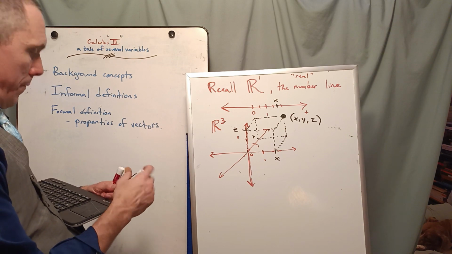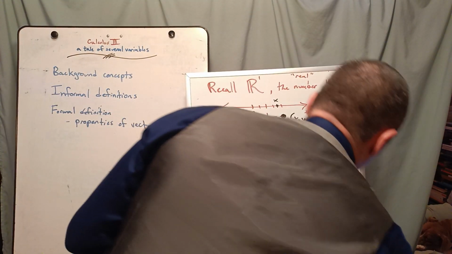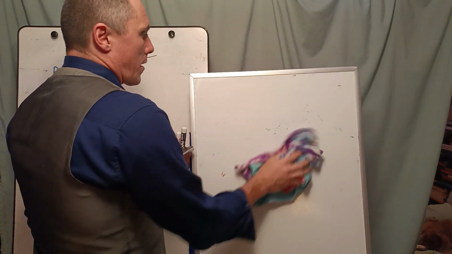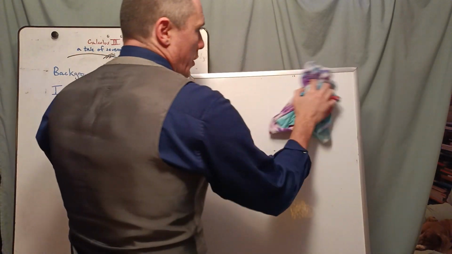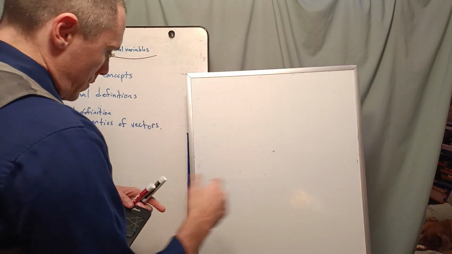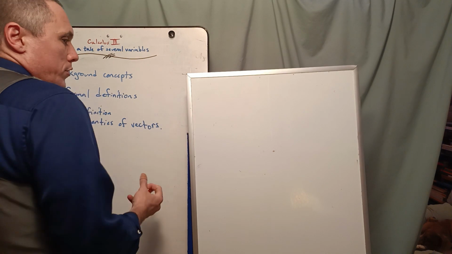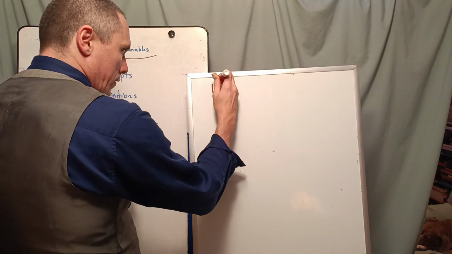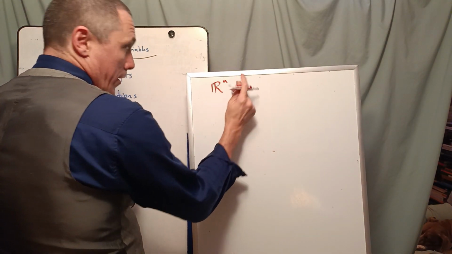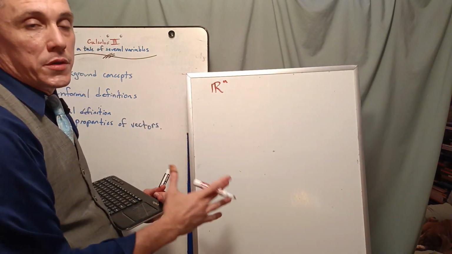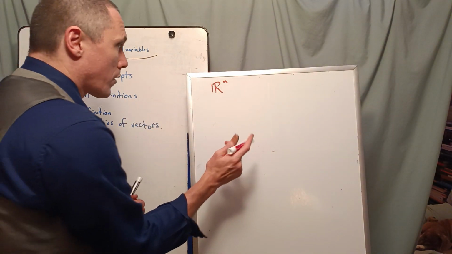And with Rn, this becomes somewhat more difficult to show. There are generally no really good ways when n is greater than 3 to draw 4 dimensions and compress them into the 2 dimensions of the page.